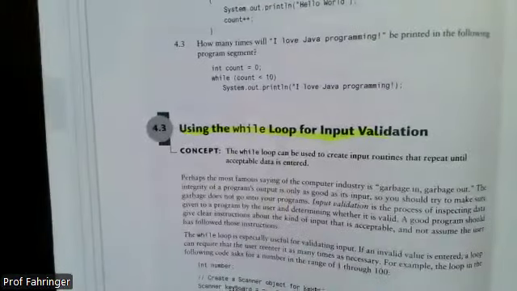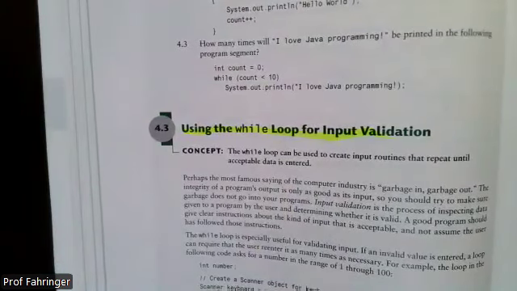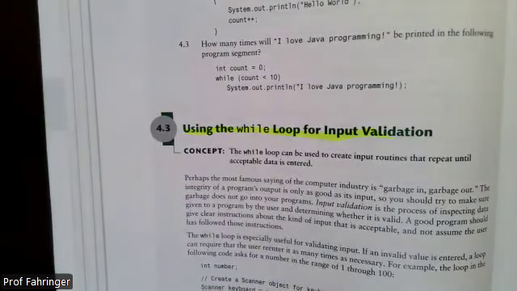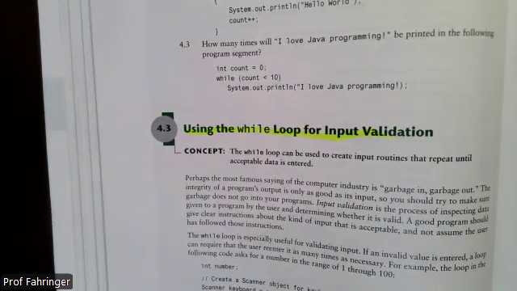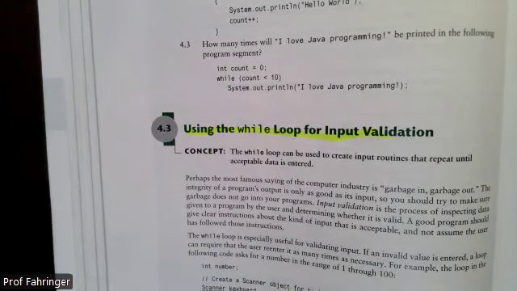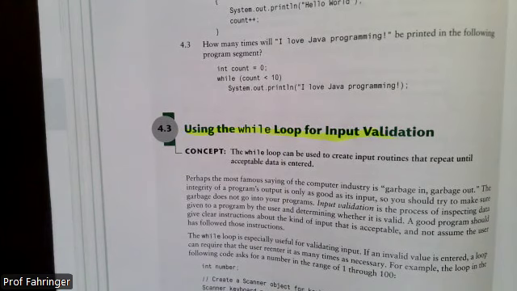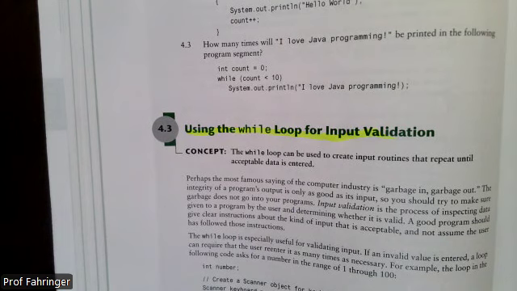Section 4.3, using the while loop for input validation. Okay, I would like you to enter a number between 1 and 100, and the user inputs -6. What's going to happen to your program? It's going to be wrong, right? It's not a number between 1 and 100.